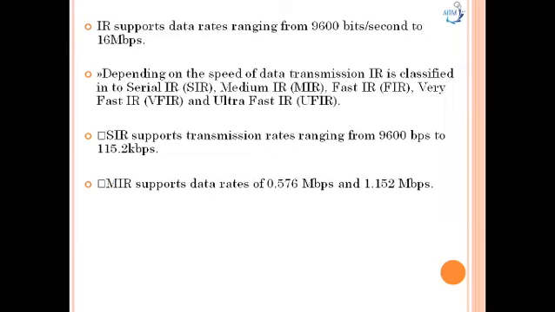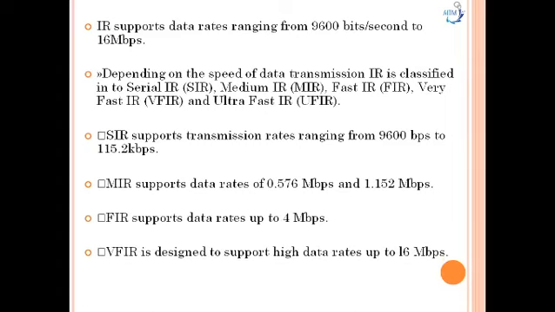Medium IR supports data rates of 0.576 Mbps to 1.152 Mbps here. Fast IR supports data rates up to 4 Mbps, and very fast IR is designed to support high data rates up to 16 megabytes per second here. And ultra fast IR supports up to 96 Mbps here.